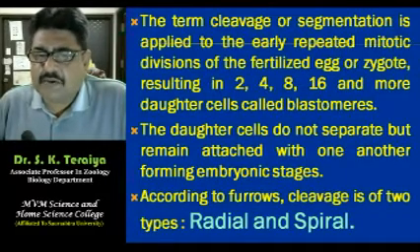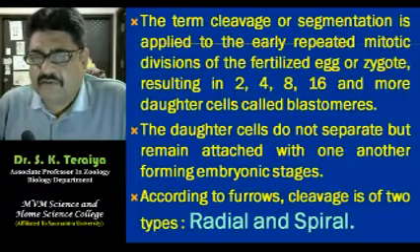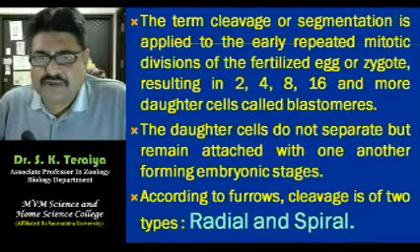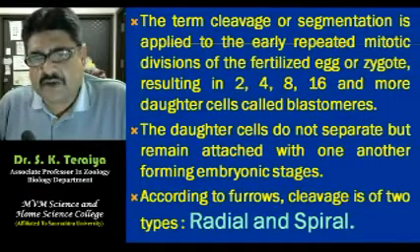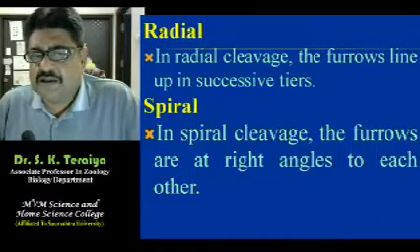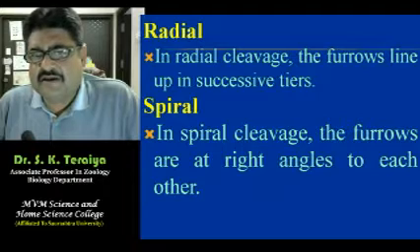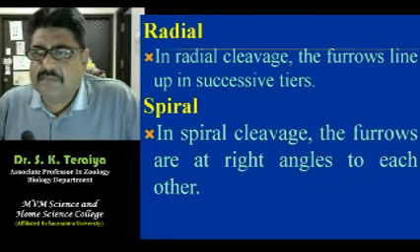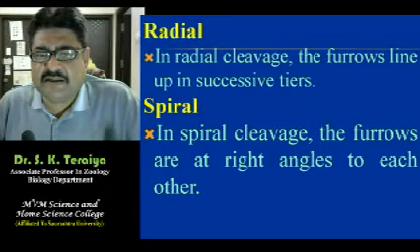The daughter cells do not separate but remain attached with one another, forming embryonic stages. According to Farrows, cleavage is of 2 types, radial and spiral. Radial: in radial cleavage, the furrows line up in succession.